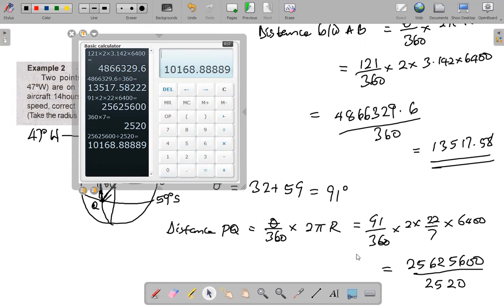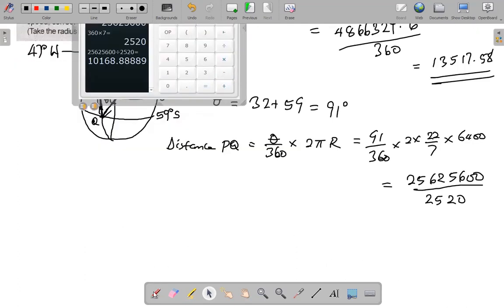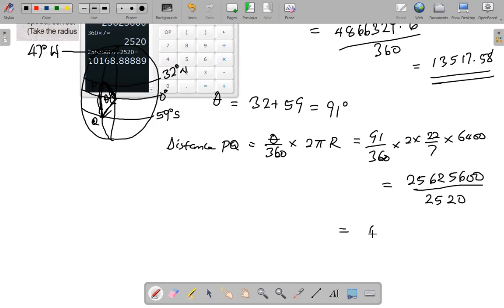That is 10,168.888. Let me round it up to 10,168.89 kilometers. That is the distance between point P and point Q.